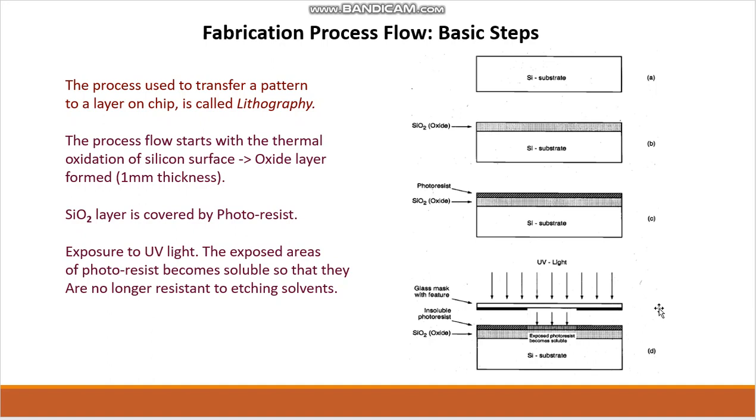Due to the moisture content, the silicon will be formed as silicon dioxide, as we all know, and it will act as an insulating material over which the photoresist needs to be placed or covered. When we expose this to UV light, the exposed areas will become soluble, so that they are no longer resistant to the etching solvents.